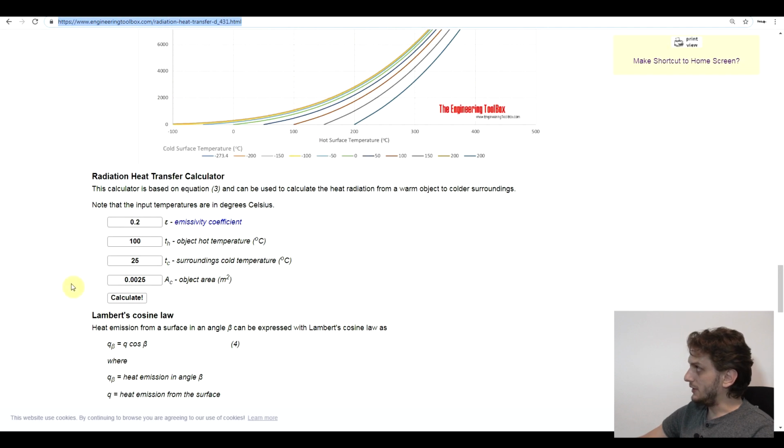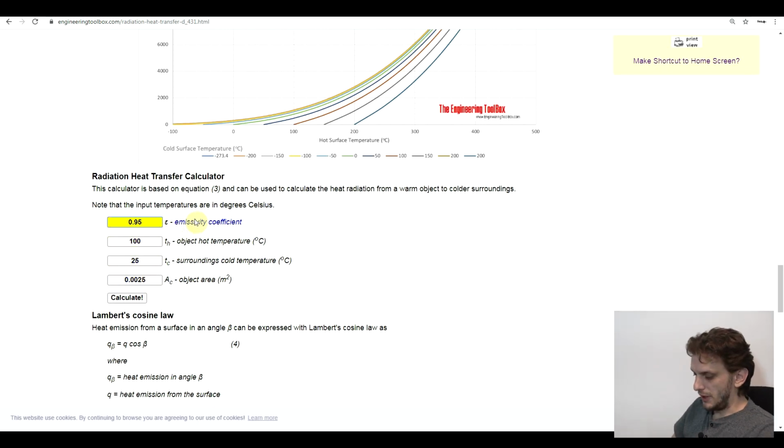And finally, you have this radiation heat transfer calculator. So basically, you need to put in your emissivity coefficient, the temperature of your hot object, the temperature of the surrounding, so the cold object, and finally the surface area of your object.